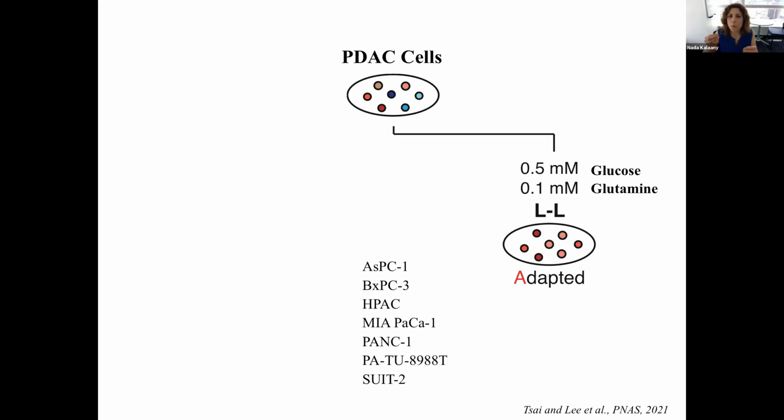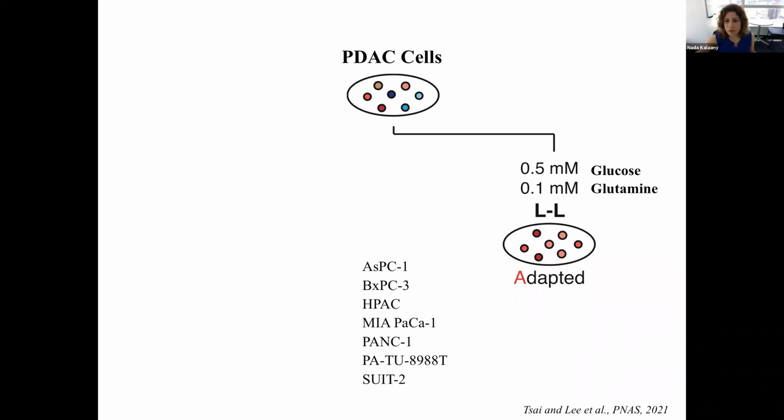And this is evidenced in studies that have shown that the cancer cells in the core of tumors have lower availability of nutrients such as glucose and glutamine as compared to the periphery. And also that cancer cells in the cancer tissue have less availability of nutrients than adjacent normal tissues. So this is why we went 5 to 10-fold lower than what is known to be present in the circulating serum in humans.